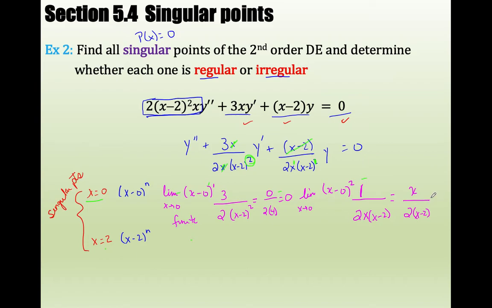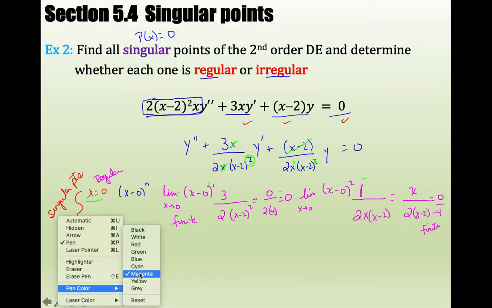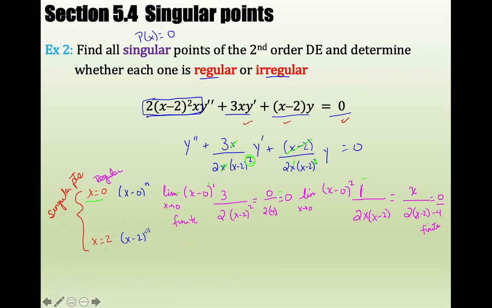Now plug in your 0, and again you get 0, which is finite. So both limits were finite, therefore, as we saw before, this singular point is regular. Let's do the same thing for my next singular point. So remember, don't forget to change, right?